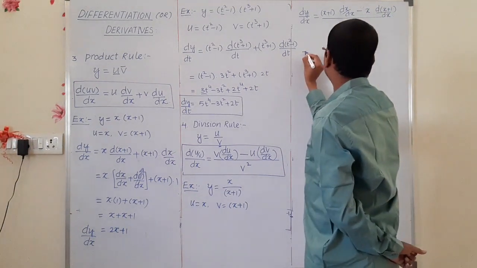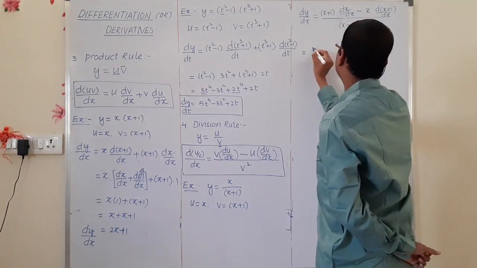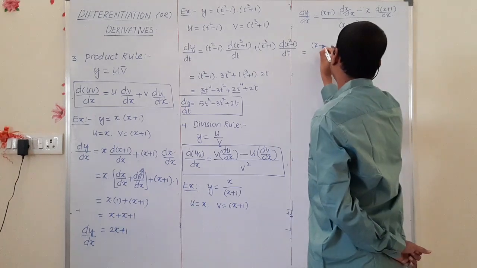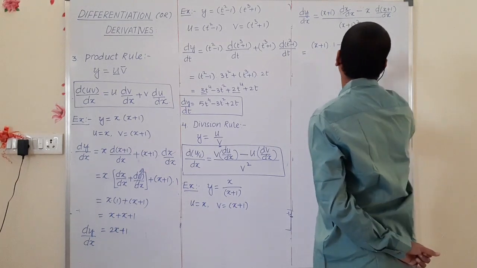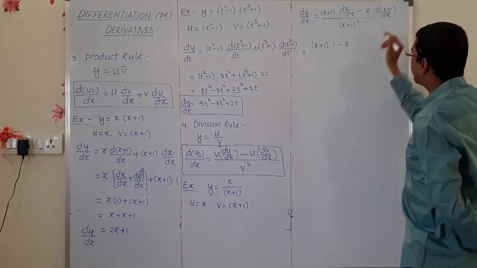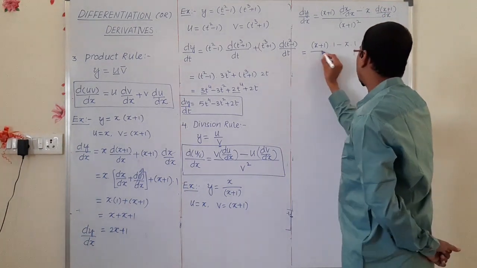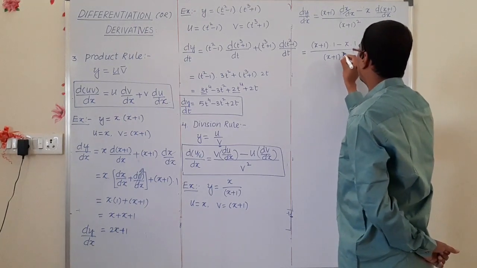Now you write it here. What will happen? (x plus 1) into dx upon dx is 1. The remaining term you write here, minus x into dx upon dx, which is 1. Divided by x plus 1 whole square.